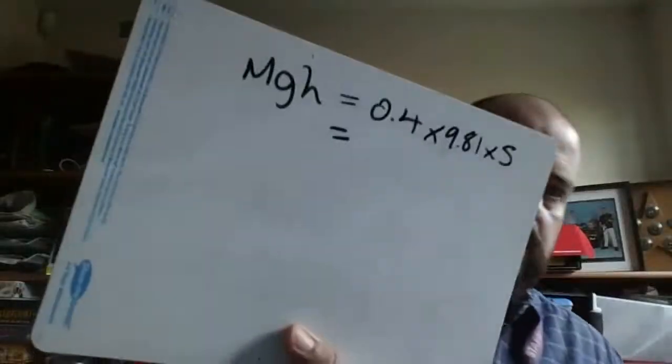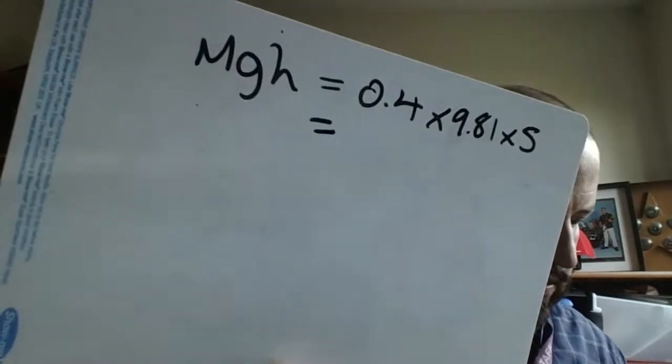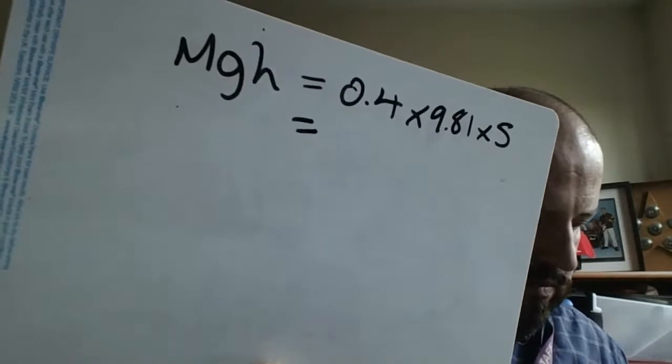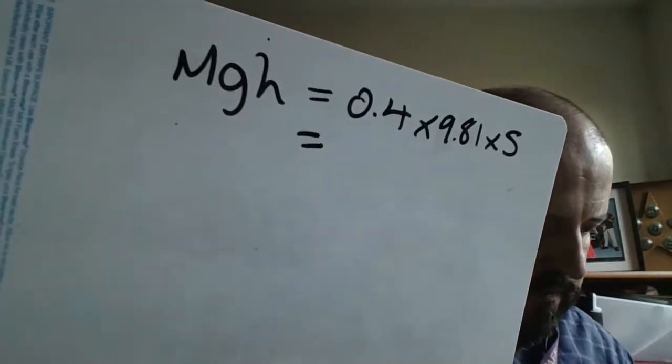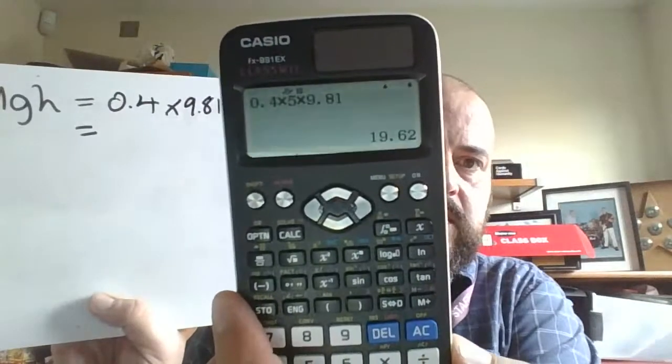The mass of the stone was 0.4. G is 9.81. And h was 5 meters in this question. Multiplying those together, we get 0.4 times 19.62.